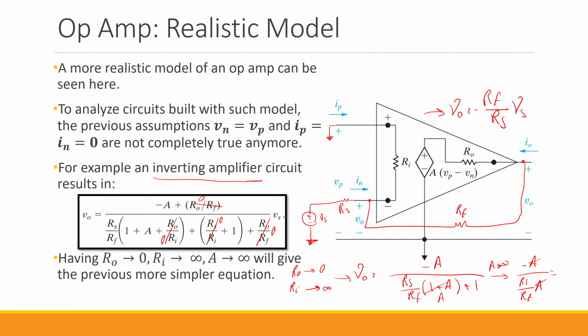So if we do that, we end up with negative 1 over Rs over Rf, or if I rewrite it, negative Rf over Rs. As you can see, even if we start with the more realistic model and come up with the equations, as soon as we start applying those simplifying factors, the final equation is basically what we got before.